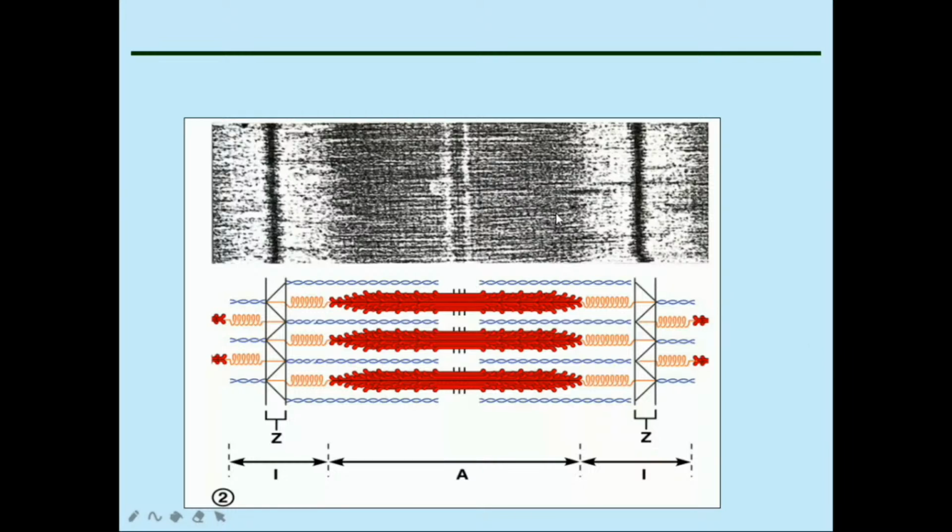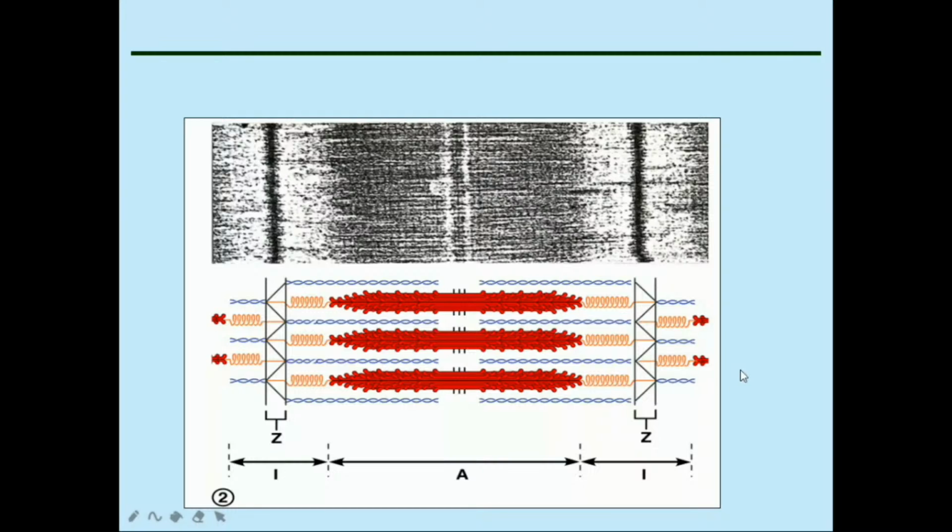The central dark band or A band, anisotropic band, contains the myosin filaments as well as overlapping portions of actin filaments. In the central portion of the dark band there is a H band or H zone where there is no overlapping between actin and myosin, and in the central portion of this A band again there are these filamentous structures connecting the myosin filaments and holding them as some sort of scaffolding, and so this forms the M line.